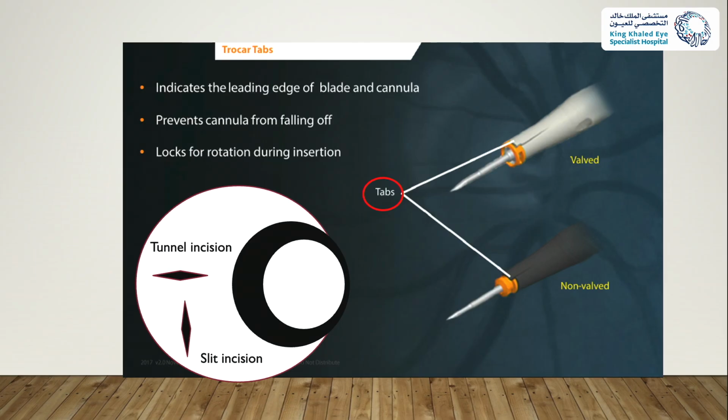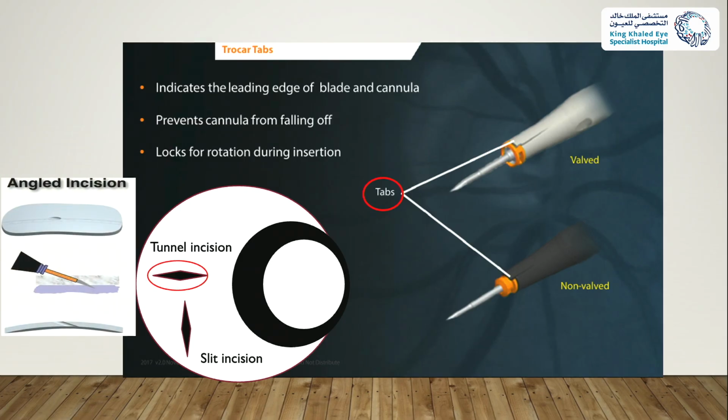Now, when we insert, the intention is to insert this in a radial fashion, creating more or less a scleral tunnel, so that the incision is self-sealing.